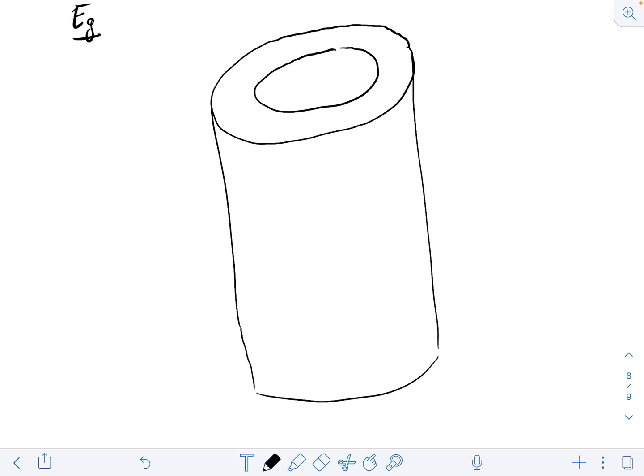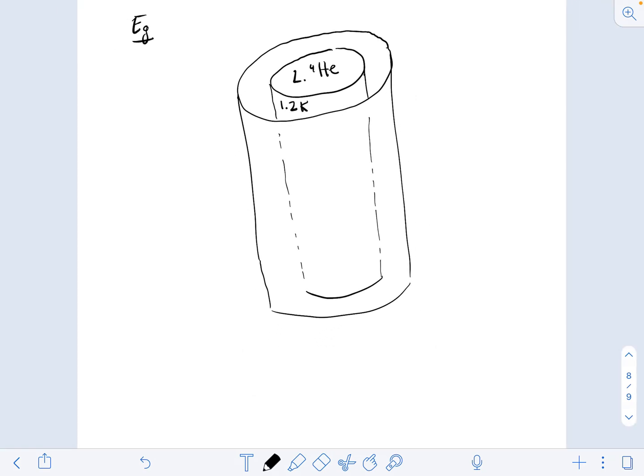One dewar contained liquid helium, and the other dewar contained liquid nitrogen. So let's imagine we have our 2 dewars. Inside this inner dewar is liquid helium-4, so the walls of that surface are at 1.2 Kelvin.